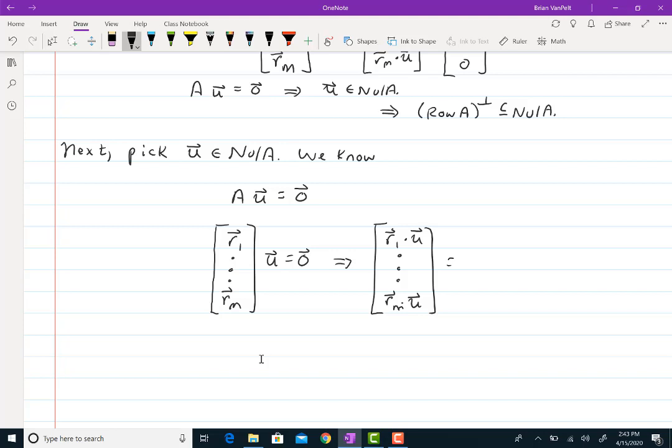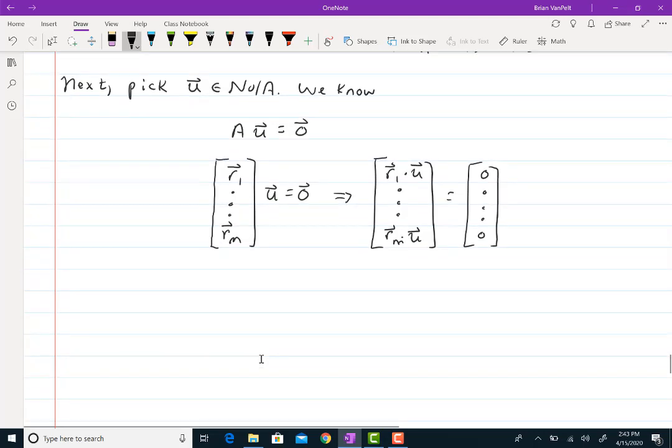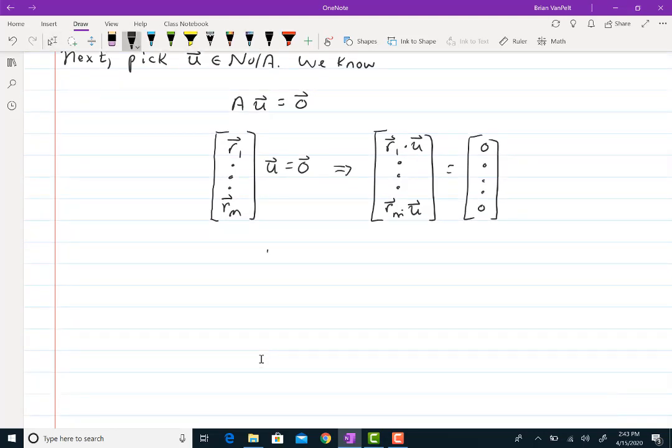And I know that this is the 0 vector, so I know that each of these entries is 0. So U dotted with Ri equals 0 for every i from 1 to M.